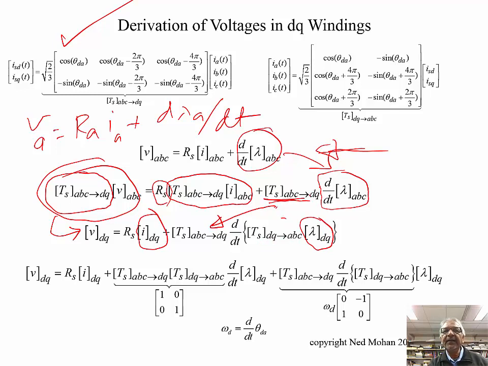So you can see that the product of these two is the same as lambda ABC, which we are taking a derivative of. So we are just writing lambda ABC in terms of lambda DQ and the transformation matrix that we have seen earlier, right? So once again, if we try to simplify this, this voltage in DQ is equal to Rs times I in DQ.